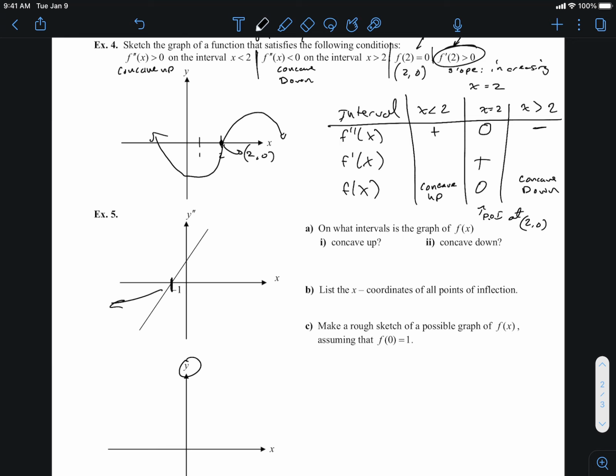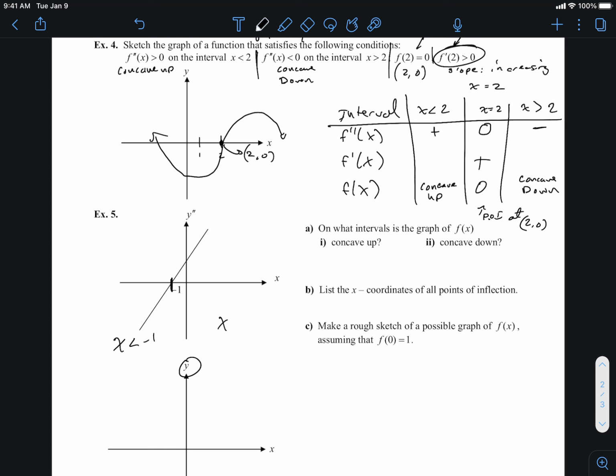And it's telling you that below -1, so for x values less than -1, we're going to have a negative portion of the graph. Not dealing with slope, right? We're saying that we're going to have concavity of up or down depending on which portion of the x values.